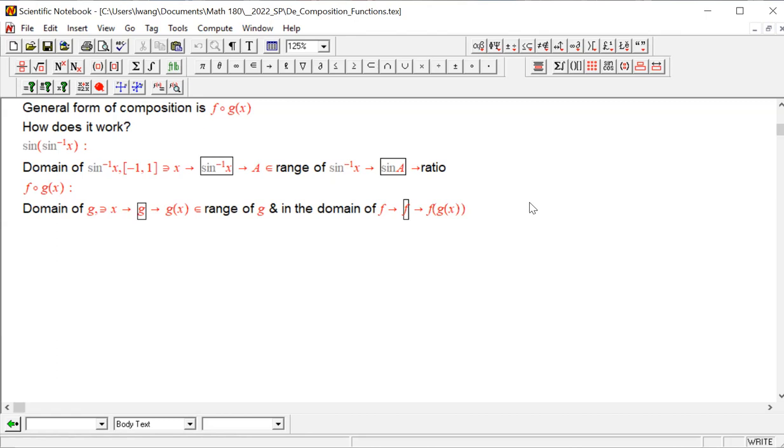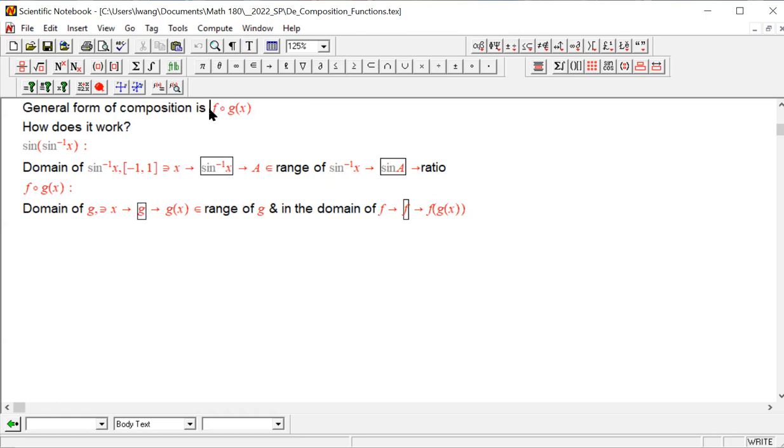This idea actually is used in computer science, where you call functions and routines to process whatever information you need to process. So that's F composite G.